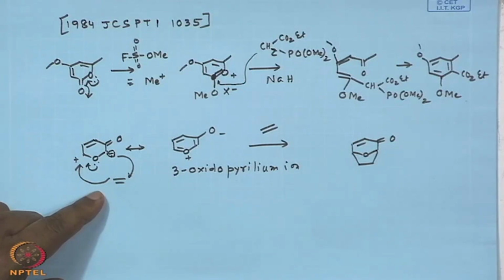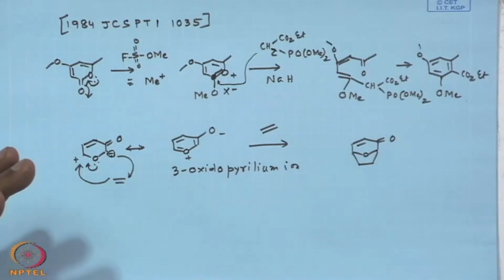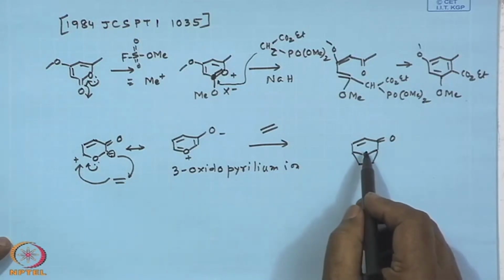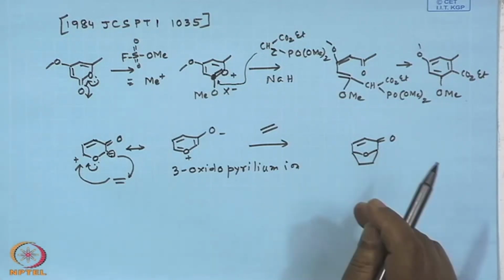And how do you remember? That means the molecule should be a 3-oxidopyrrolium ion. Secondly, the dipolarophile could be simple alkenes or styrene, indene, all kinds of alkenes, and we will give you more examples. So, what you get here is a 3,2,1 bicyclooctenone system, but with an oxygen bridge here.